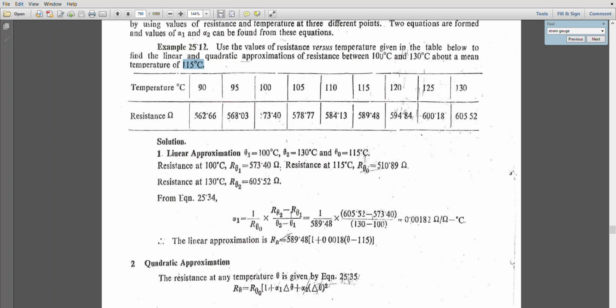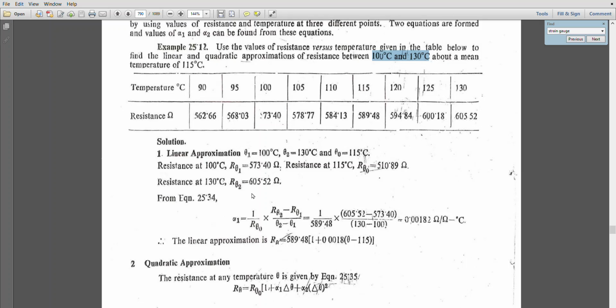Here theta 2 is whatever temperature they have asked, kindly take it from that value, that is theta 2 minus theta 1, and their corresponding resistances, and the resistance at 115 degrees, that is 589.48. That will result in an alpha value of 0.00182 per degree centigrade.